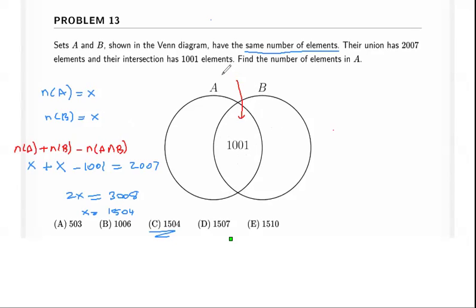So this region is intersection, and we use N of A intersection B as the notation. That is just this region.